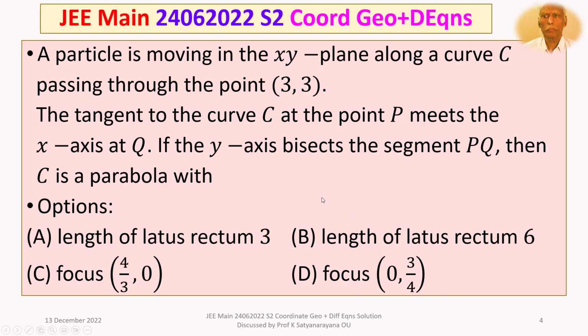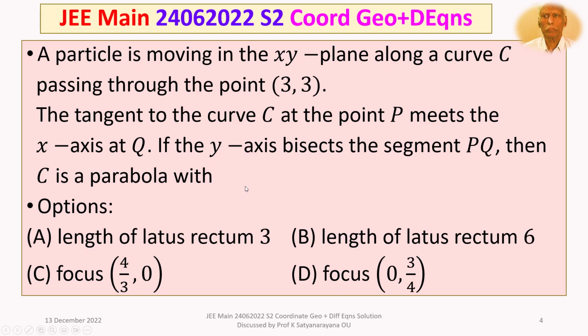So we have a curve C, and it is given that it is passing through (3, 3), and the tangent to that curve C at a point P meets the x-axis at Q. It is further given that the y-axis bisects the line segment PQ. Then what is this curve C?